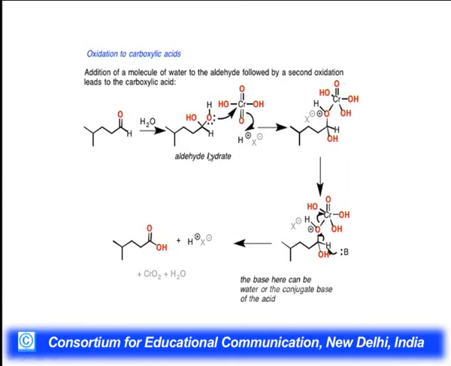So what we find here is that if we do oxidation with Collins reagent, then we are getting an aldehyde, whereas if we do the oxidation with Jones reagent, then in presence of water, what we are getting is an aldehyde which is further oxidized to an acid.